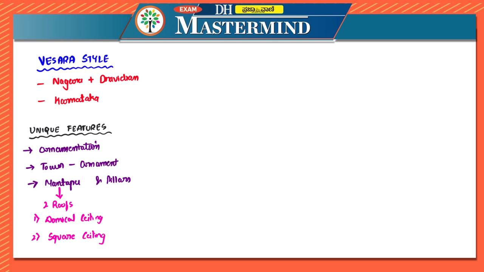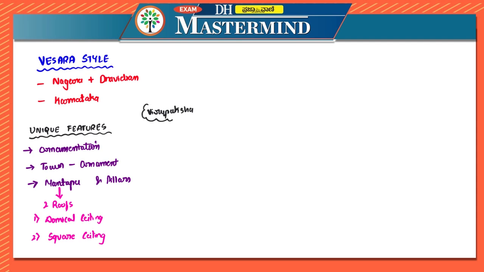Another most important temple is the Virupaksha temple at Pattadakallu, which is built in imitation of Kailashnath temple. So it is a jewel of Chalukyan architecture. Very important for prelims. That is Virupaksha temple.